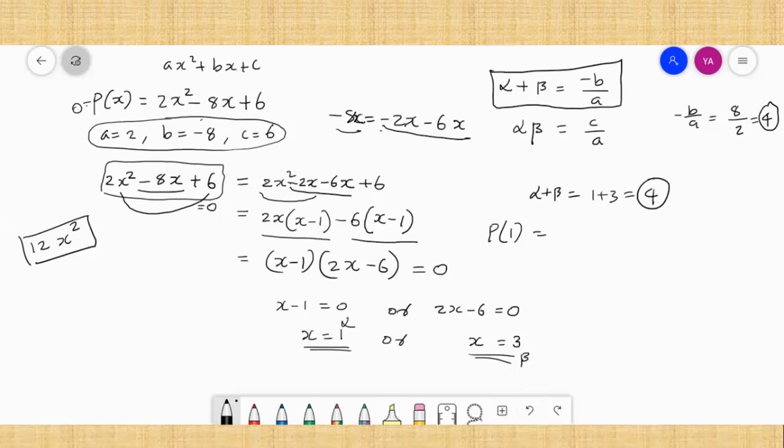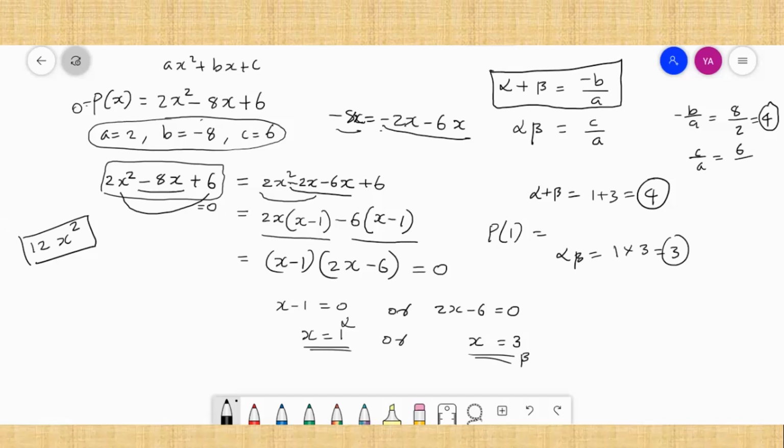Now we will also check alpha into beta. Alpha is 1, beta is 3, so 1 into 3 is 3. So we will also check c by a. Is c by a 3 or not? Look at the polynomial. C is 6, so you write 6 here.